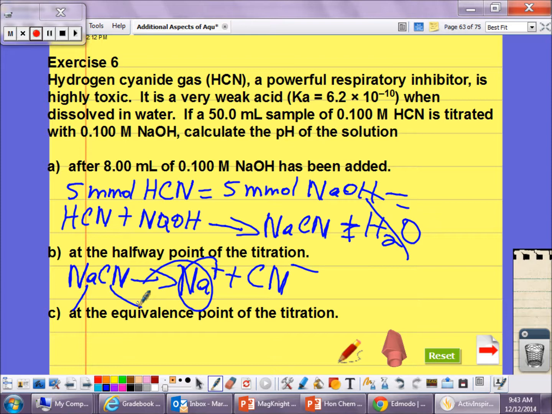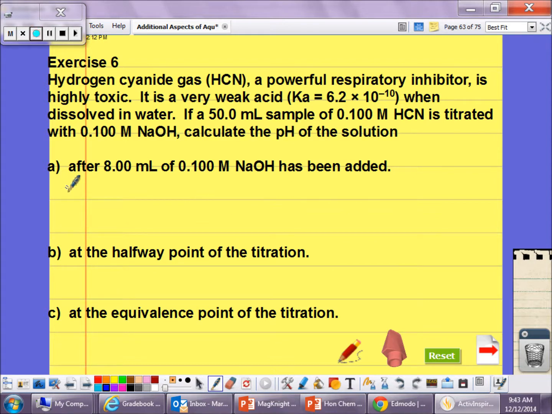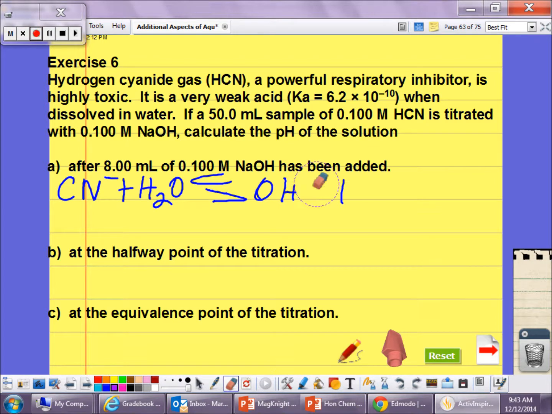Now I'm going to write an equilibrium for that basic salt: CN minus plus water, equilibrium, produces OH minus plus, if I take OH from that water, one hydrogen left that will go with my CN minus, giving HCN.